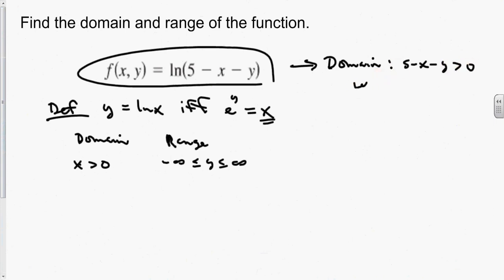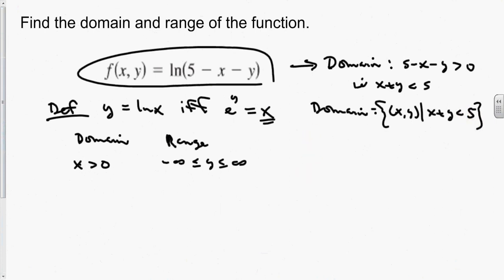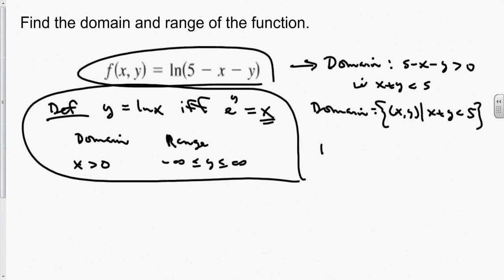Well, that is x plus y is less than 5. So the set of ordered pairs x, y such that x plus y is less than 5. And then for the range, just like the range over here could be all real numbers, the range here for f is all real numbers.